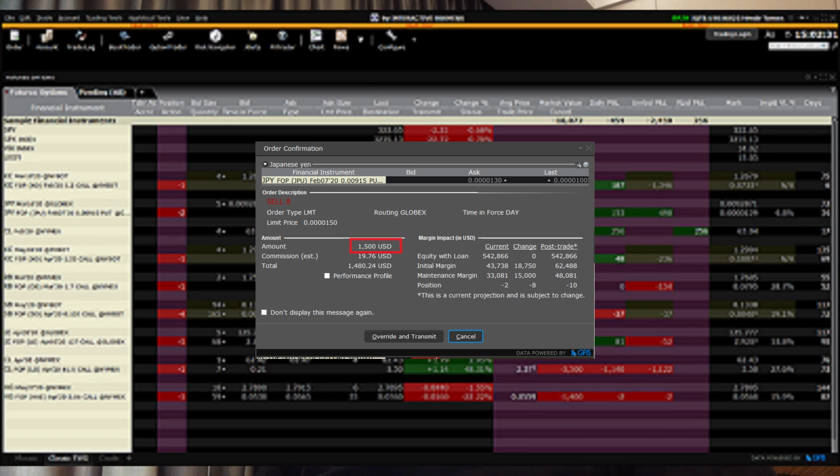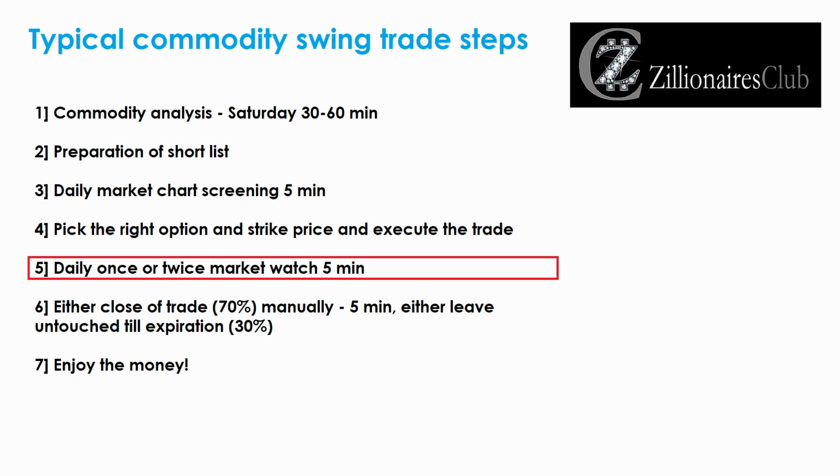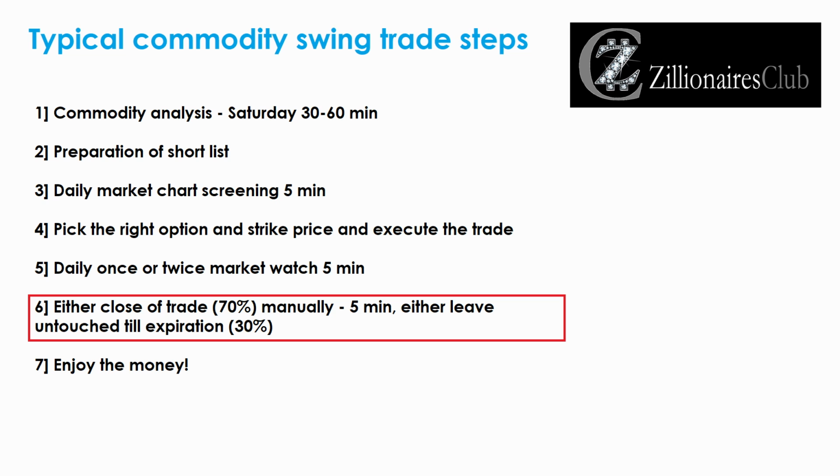Then the next step, I make the trade itself. So it means I set up in the platform of Interactive Brokers the execution for the price I'm interested in, and that's it. The trade is executed. And then the next step is obviously just watching every day, again 5 minutes maximum, all my open trades, and as well those still shortlisted, not executed commodities.